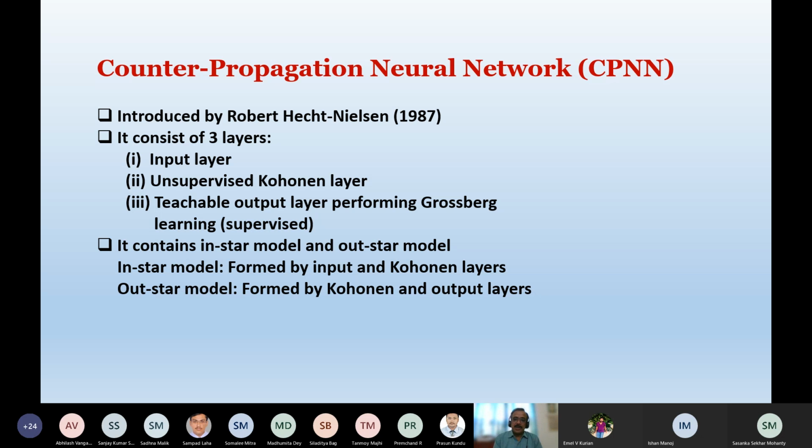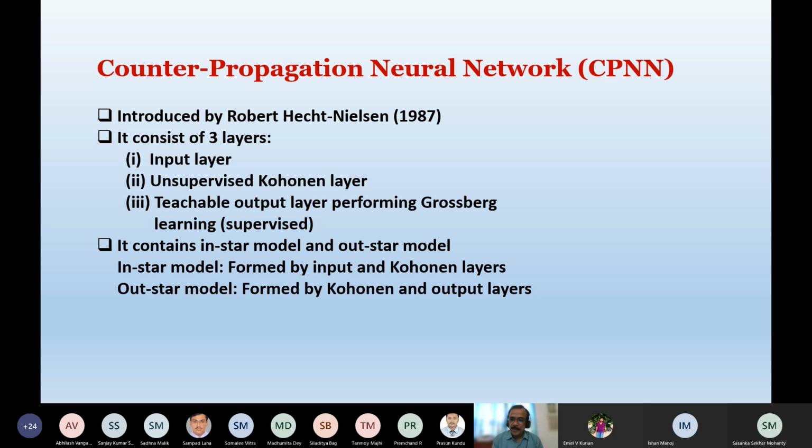So this network uses the concept of both unsupervised as well as supervised learning. Remember, this is the only network which uses both. Now let us try to understand the working principle of the counter propagation neural network.